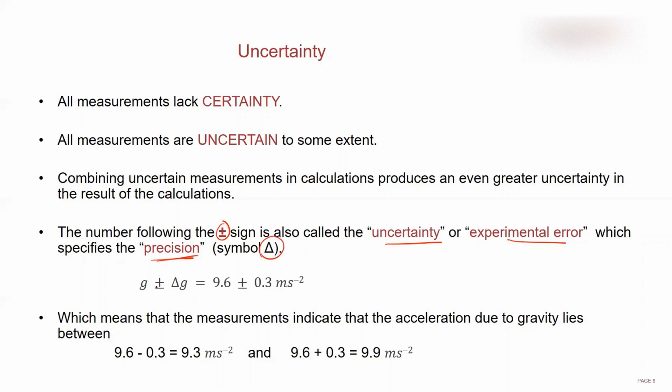If we represent g plus or minus delta g, this delta g part, the number after the plus or minus, 0.3 in this case, is the uncertainty of the measurement, or the experimental error, or we can say the precision of our measurement. This means the acceleration due to gravity lies between 9.6 minus 0.3 and 9.6 plus 0.3.